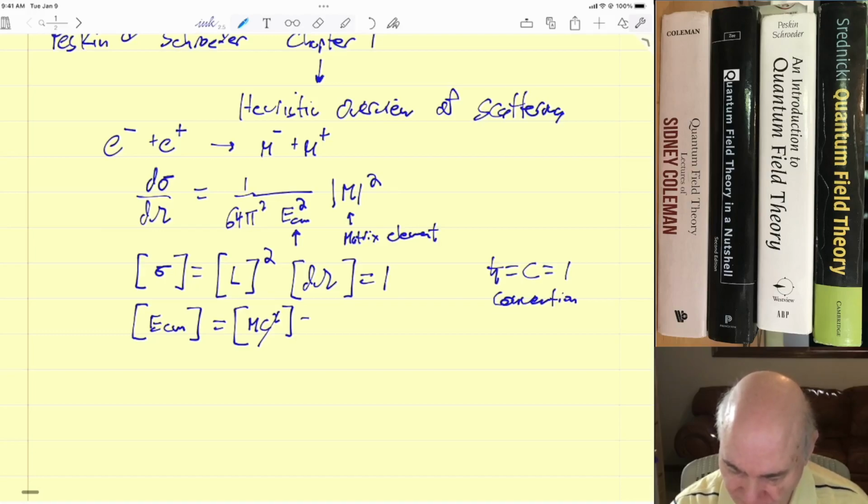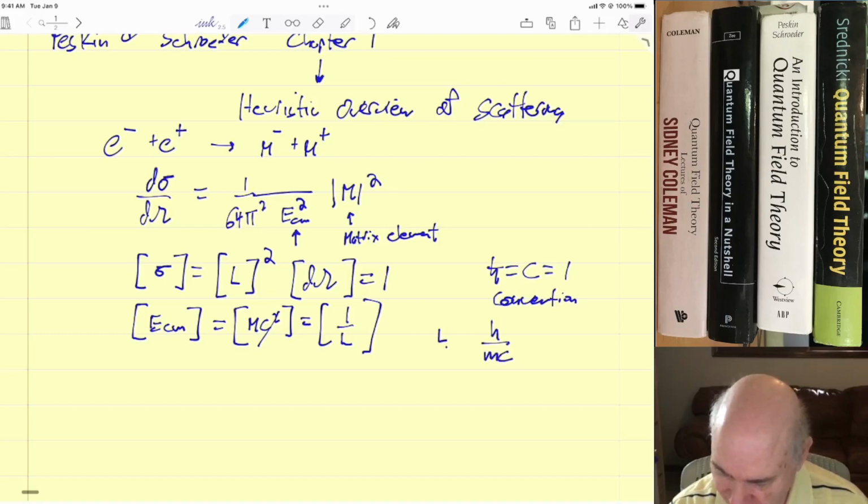So this is just equal to the dimensions of mass. So the dimensions of mass is 1 over length. You could think of the Compton wavelength, h bar over mc. Let's say L Compton.